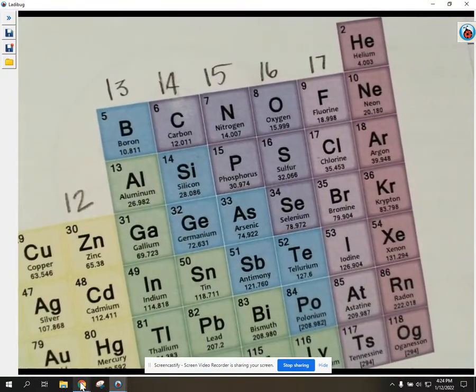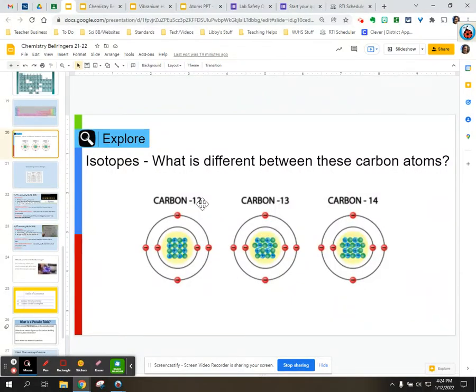If we look at carbon 12 and actually counted these out, you would see indeed 6 protons, and then 6 neutrons, and that's how they get the 12, 6 and 6. This one, though, has an extra green one, so there are actually 7 neutrons. And here there are 8 neutrons. These are called different isotopes.